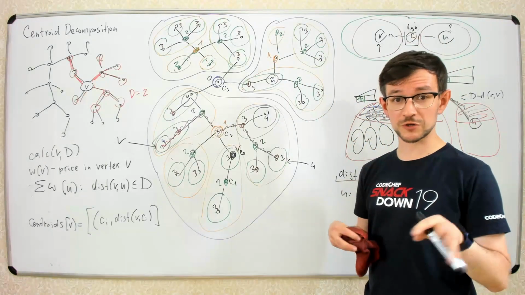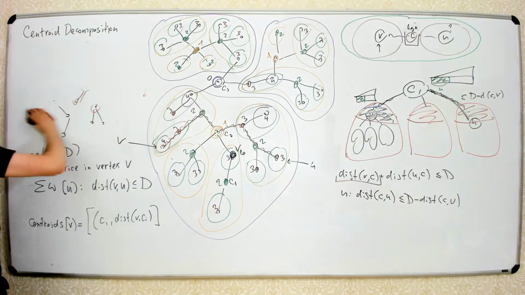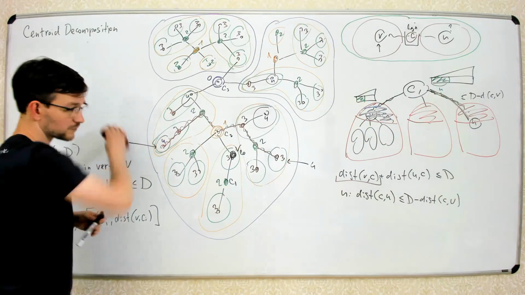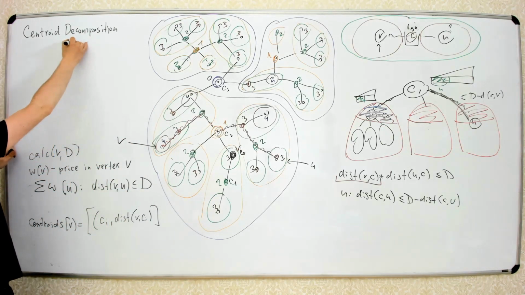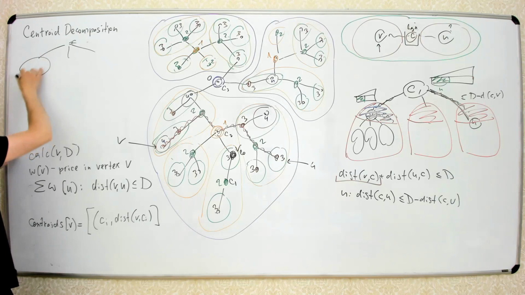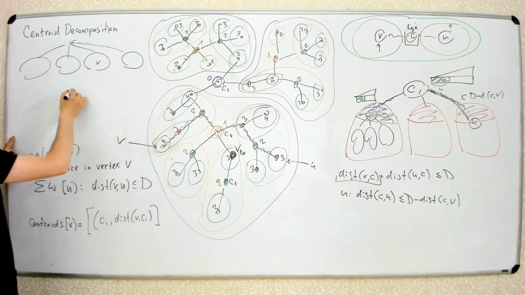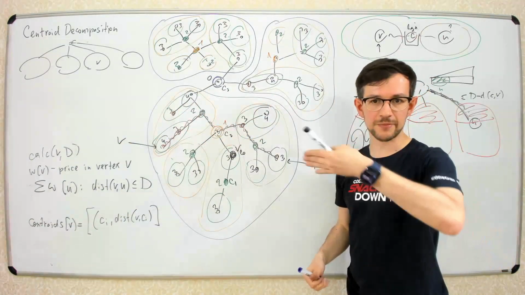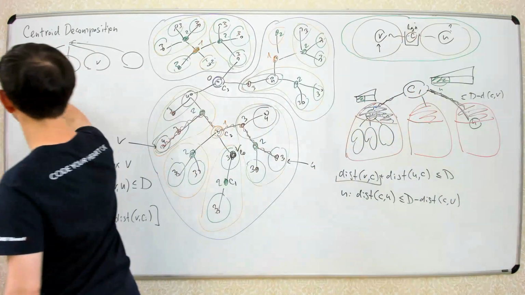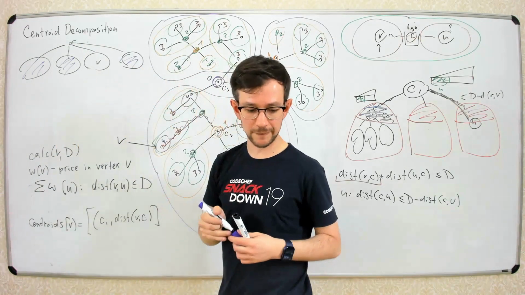One of the most universal techniques looks like this. You again have this centroid, you have these components. Let's have 4 components. This has v, and you want to calculate something on all elements except this component. So you want to calculate something in these subtrees, but not in your subtree.